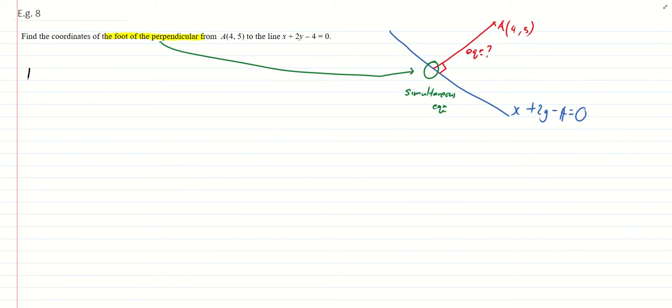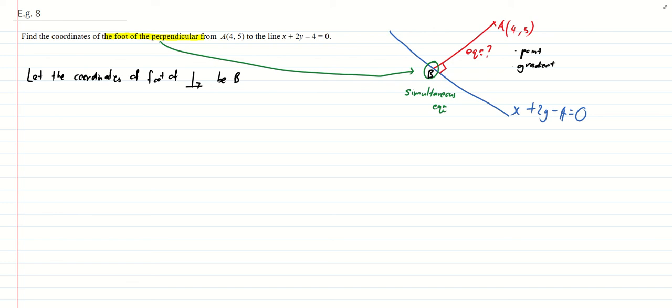Let the coordinates of the foot of the perpendicular be B. It's just to help us present our answer better. Okay, so with that, to find the equation of AB, again, for any equation of a straight line, we will always need one point and the gradient.